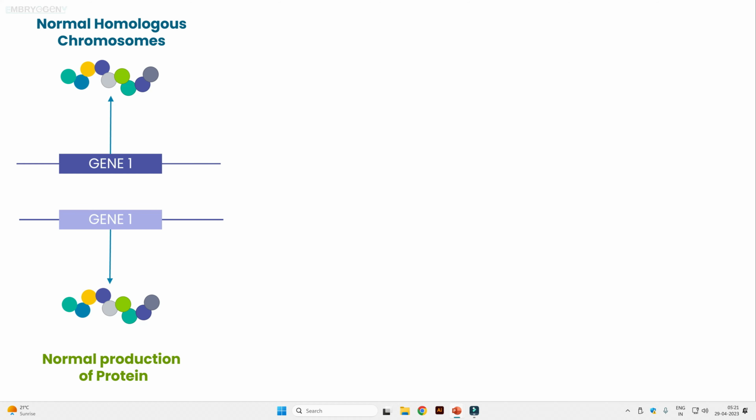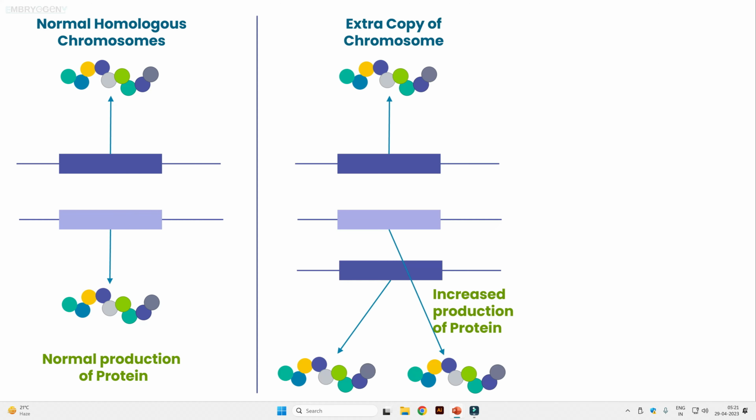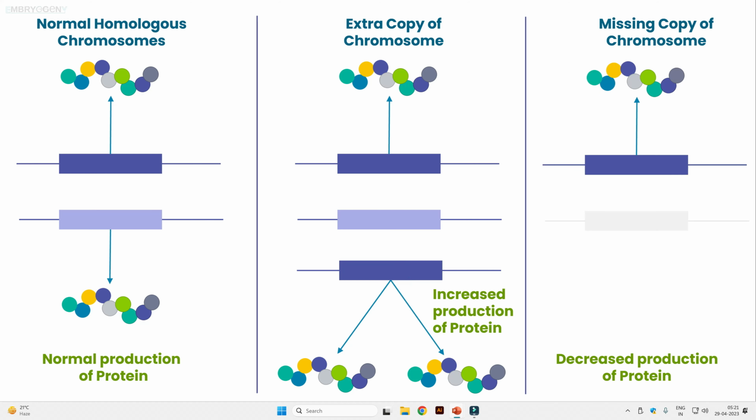Let us see how. What you see on the screen is a pair of homologous chromosomes with similar genes coding for similar protein. So this is the normal production of protein where each gene is producing its bit. In case of an extra chromosome or an extra copy of a chromosome, there is an increased production of protein. And in case of a missing copy of a chromosome, there is a decreased production of protein.